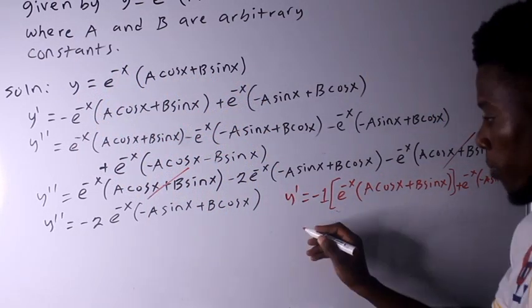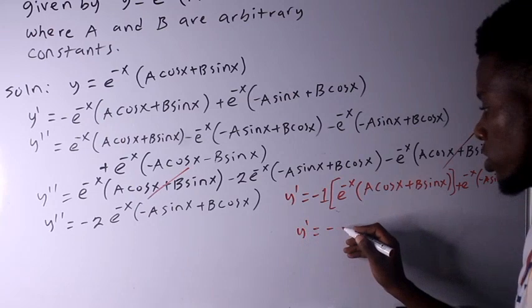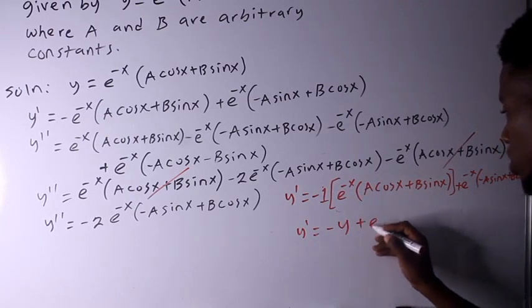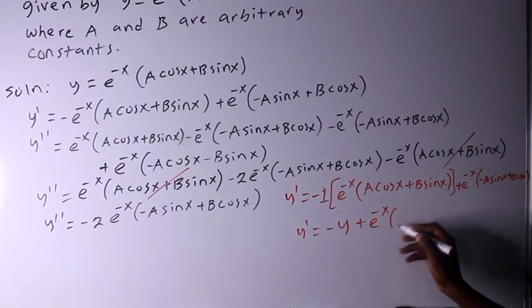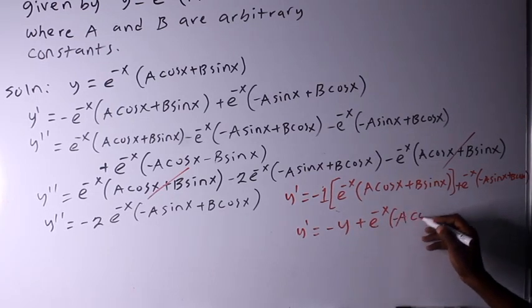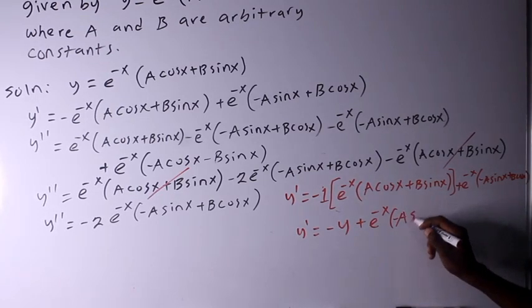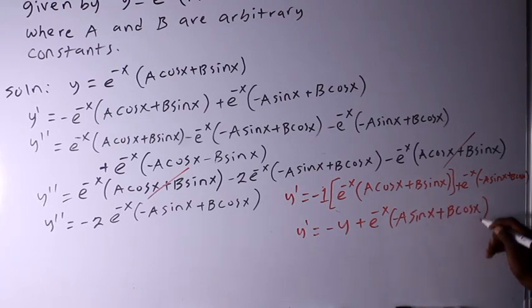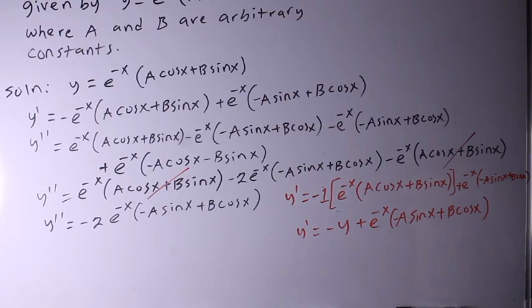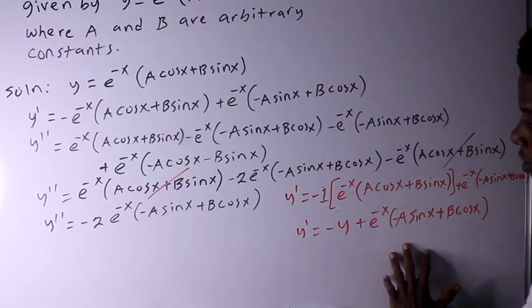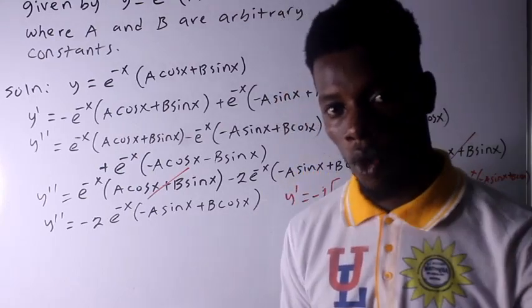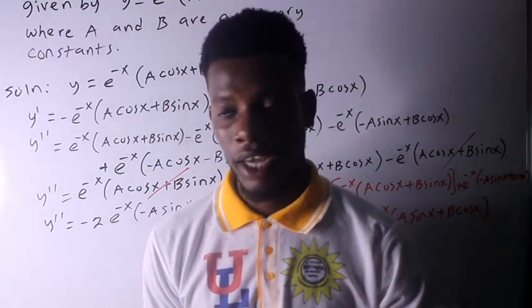So we have y prime equal to minus 1 times y, so it's minus y plus e to the minus x times minus a sine x plus b cos x. Great. So we wrote y prime in terms of y because something in y prime resembles a y, so we just replace that and that's it.